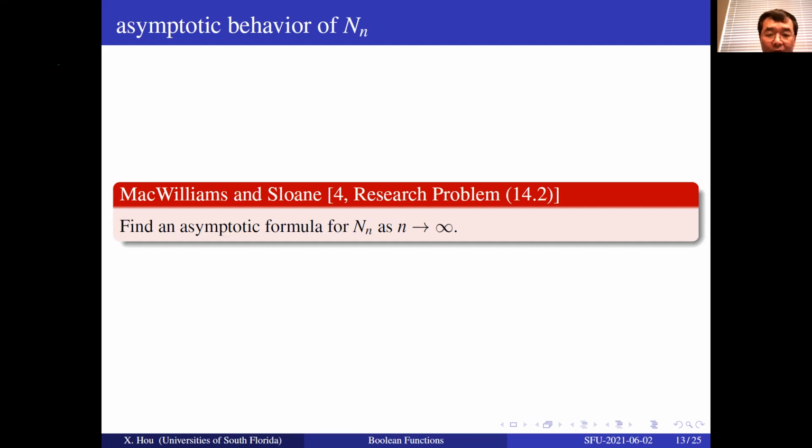It appeared in their book, The Theory of Error-Correcting Codes, as research problem 14.2, and the question asks for an asymptotic formula for this sequence as n goes to infinity.